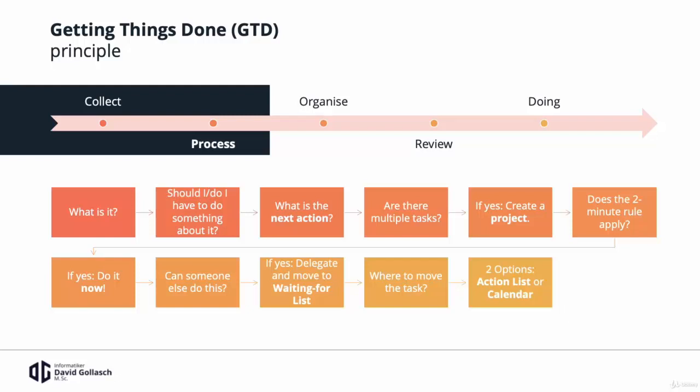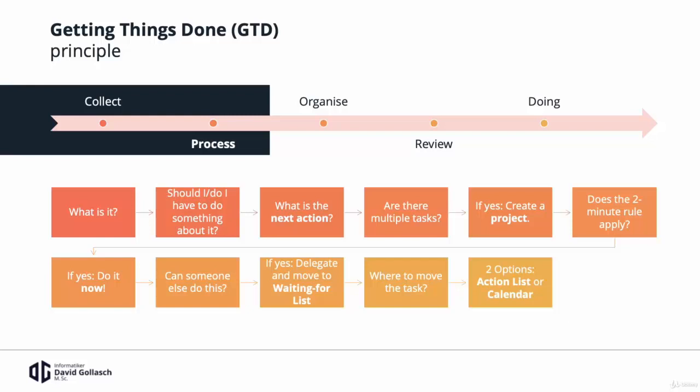Next question. Can someone else do this? Maybe it's something that comes into your personal inbox, but there's someone else that should care about it. Then you should delegate the task. You should delegate this next action and move this onto your waiting for list, because you need to follow up, to keep track of the progress of this task.